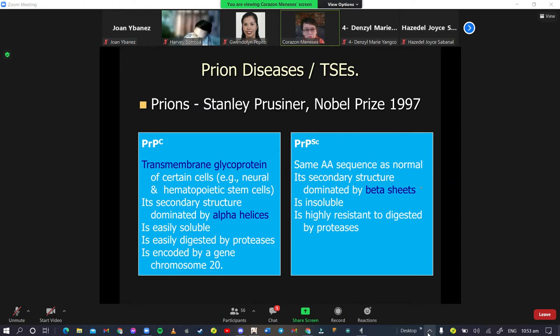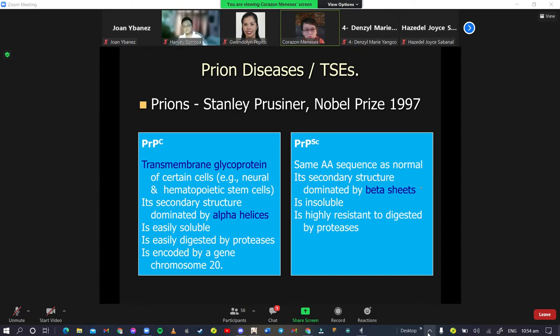The C stands for cellular prion protein. This is the normal prion protein, a transmembrane glycoprotein found in the membrane of certain cells like your neural cells or your hematopoietic stem cells. So it will affect your brain cells because that is where there are a lot of neurons.